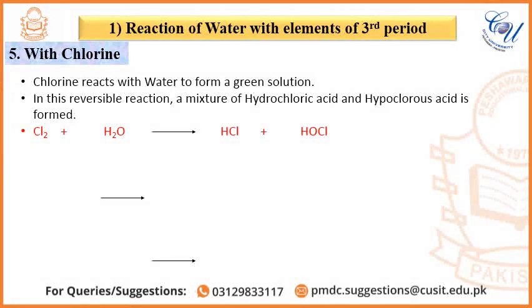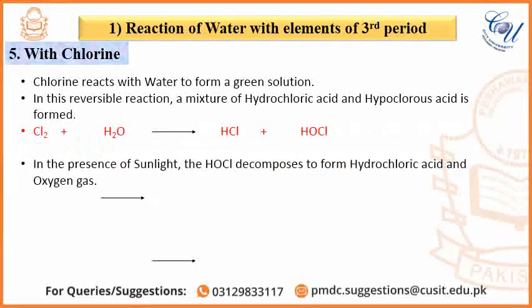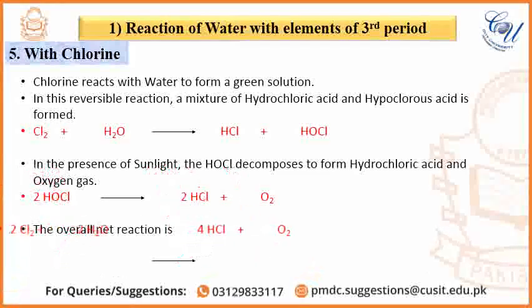Hypochlorous acid is an unstable product and it will decompose in the presence of sunlight. Hypochlorous acid decomposes into hydrochloric acid and oxygen. The overall reaction is this one.